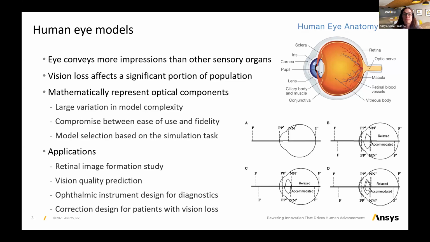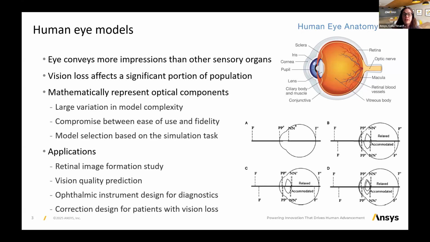The applications of numerical simulations include exploring the retinal image quality under different conditions, also predicting the vision quality, and analyzing the effect of ocular biometry on the imaging quality itself.